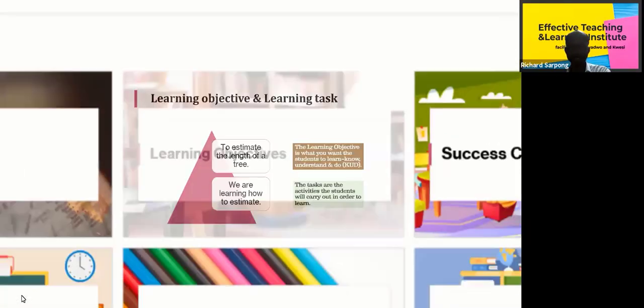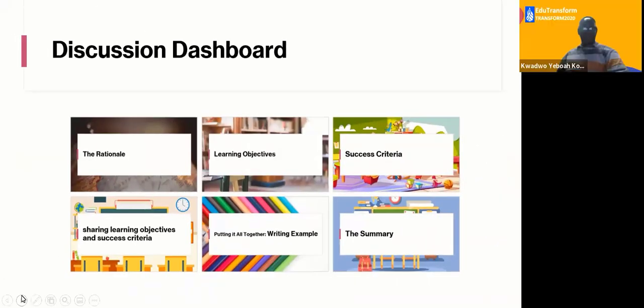So we've been able to look at the rationale for objectives, what the concept is, what learning objectives are, where we get them from, the phases of learning objectives, and when we say that a learning objective is an effective one, and how we write them.